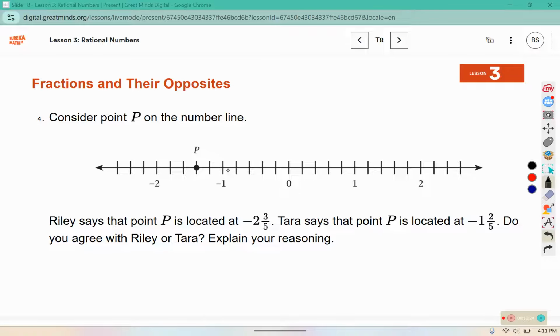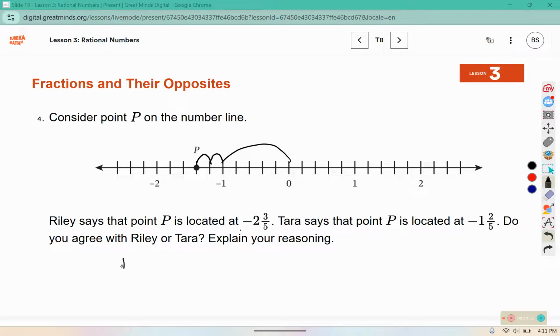Well, it's definitely between negative 1 and negative 2, so it can't be negative 2 3/5 because that number would be between negative 2 and negative 3. And then we also have to determine if it's separated into 5 parts. So this would be 1/5, 2/5, 3/5, 4/5, 5/5. Okay, so here we would have negative 1, negative 1 1/5, negative 1 2/5.